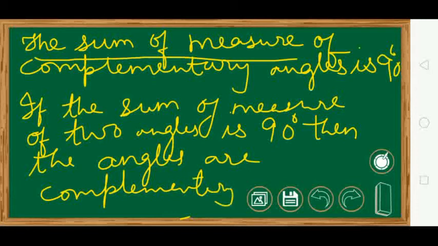Okay? Because it should be a meaningful sentence. We will not write, if the measure of two angles is... you do not start that way, if the angles are complementary, then their measure is. Why? Because first only the measure is coming. So we will take the first part in the if. Okay?